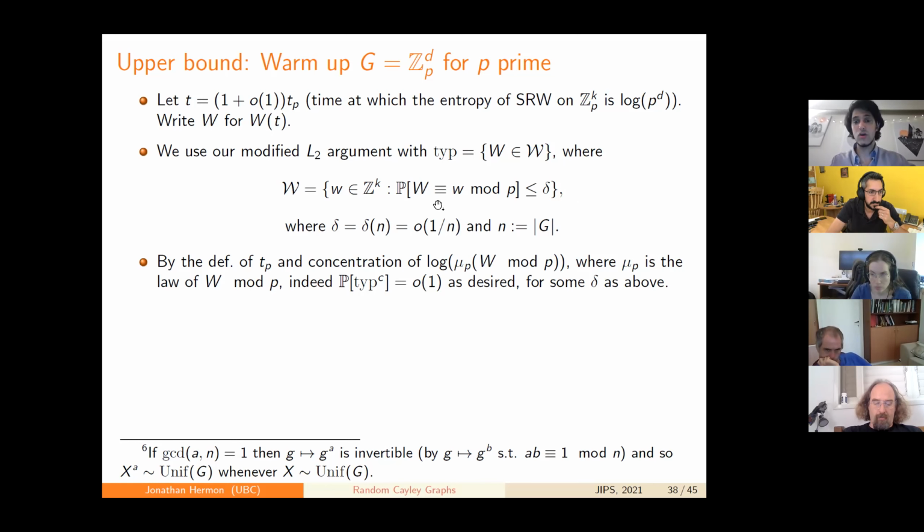Okay, W mod P will typically have a value that has probability much smaller than 1 over n. Okay, so this is what is written here. So we can pick the little o1 terms and delta as written here, such that this is a typical event.